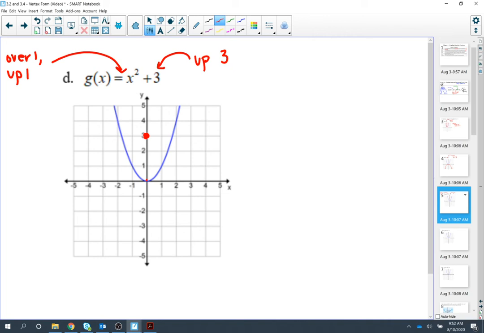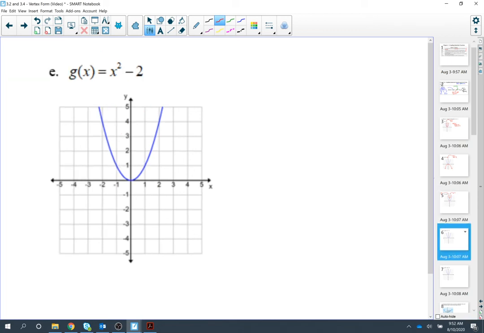Then, because I didn't change the vertical stretch, I didn't change the vertical shrink, it's still essentially the same size. So you're still just going to go over 1, up 1, over 1, up 1, just like you did down here, because we didn't change the a value. And then you draw your parabola. And you're done. So the transformation on this one was up 3. You just moved it up 3.